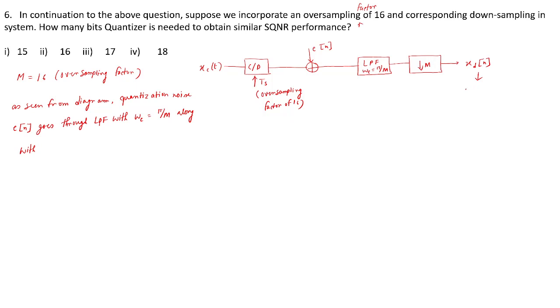This is broken down into two parts, that is the signal component and the quantized noise component. Down here this is the signal component and this is the noise component.